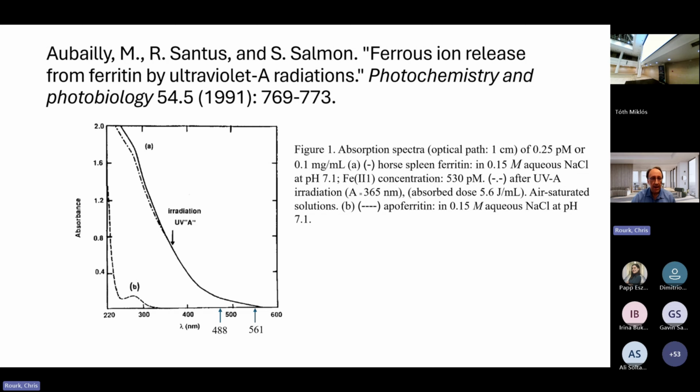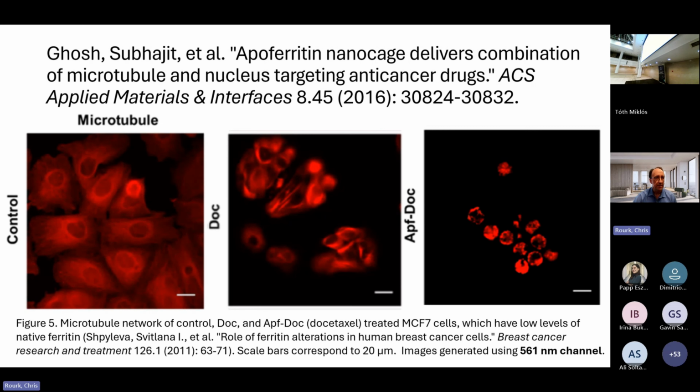Here's 488, and I flagged those because the rest of the Ghosh study was looking in vivo. And in this set of data, you see fluorescence data in a control. You can see microtubules in this image, and they're very faint.